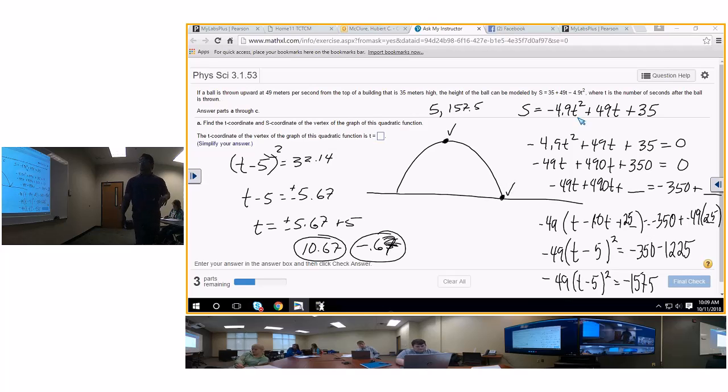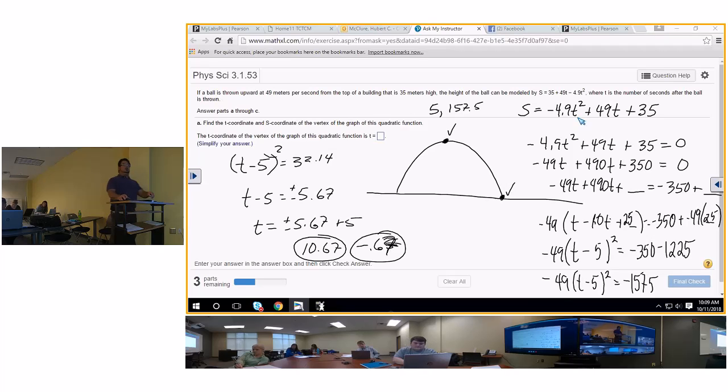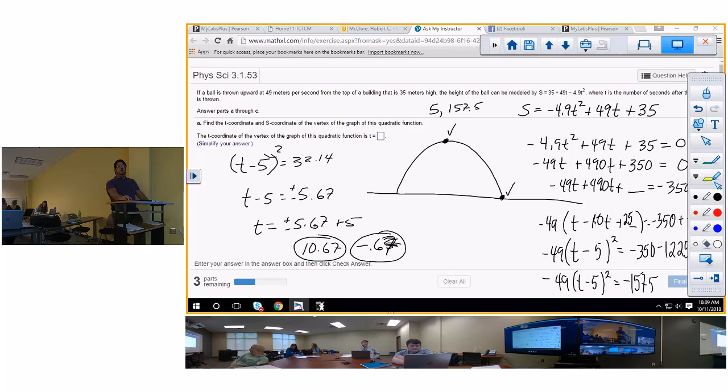So the t-coordinate of the vertex of the graph of the quadratic, the t would be the x, so that would be 5. At 5 seconds, t is equal to 5. I haven't read the question that well, but I would say 5. And then they're going to ask the height. This is where you've got to be careful.